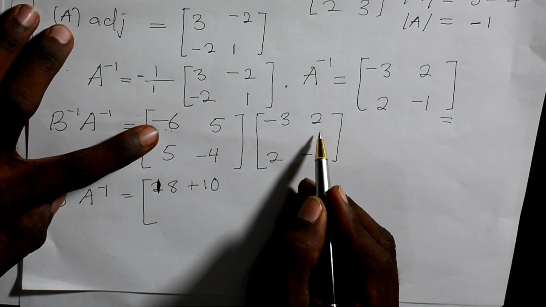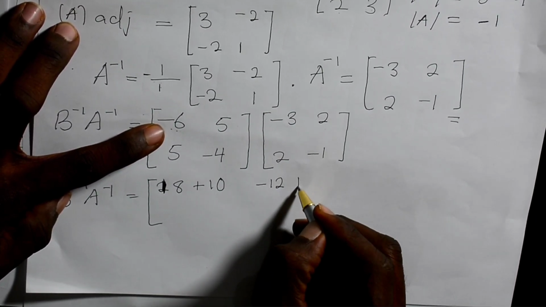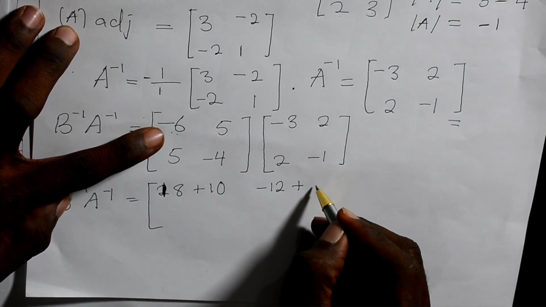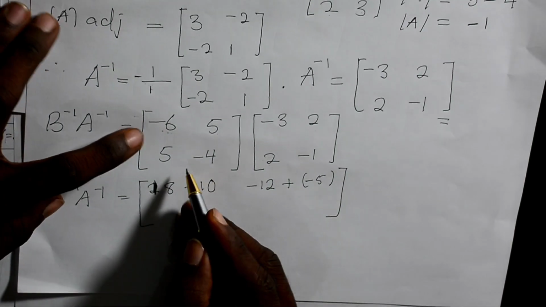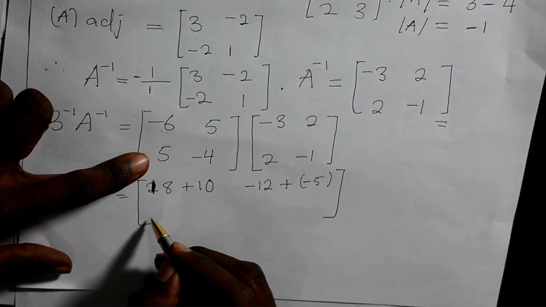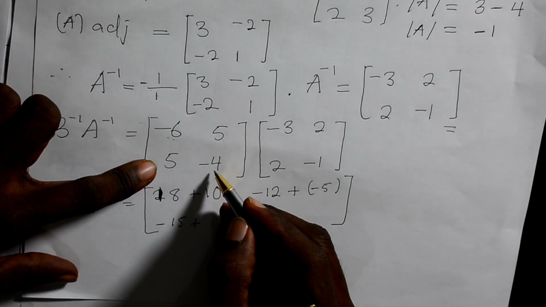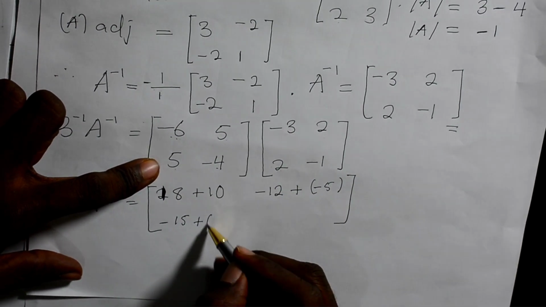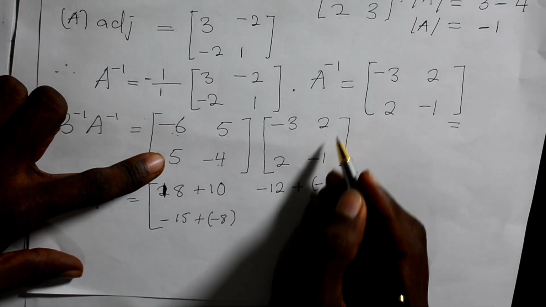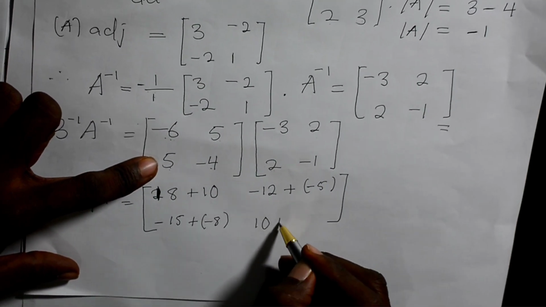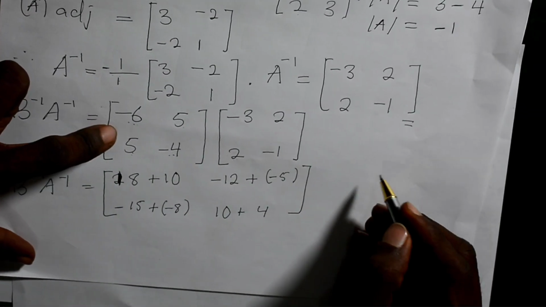Then minus 6 times 2, minus 12, plus 5 times minus 1, that is minus 5. Then 5 times minus 3, minus 15, plus minus 4 times 2, minus 8. Then 5 times 2, 10, plus minus 4 times minus 1, 4.